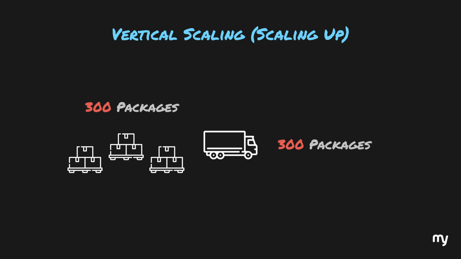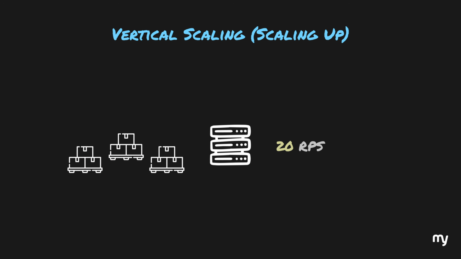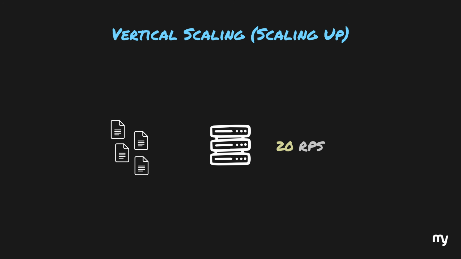Now, let's connect this analogy back to the system design. In this scenario, the truck is your server and the packages are the user requests. So when your existing server can no longer handle the growing load, one straightforward solution is to upgrade to a more powerful server, one with more RAM, a faster CPU, or probably both.